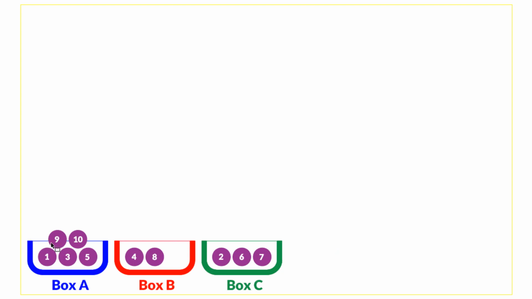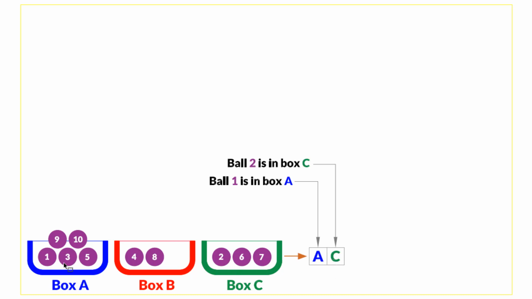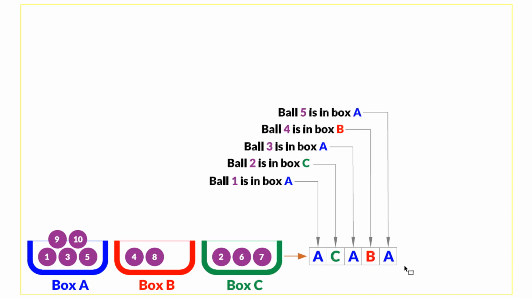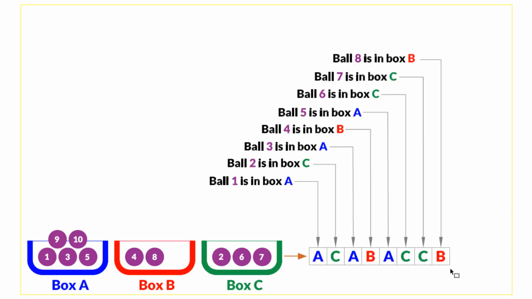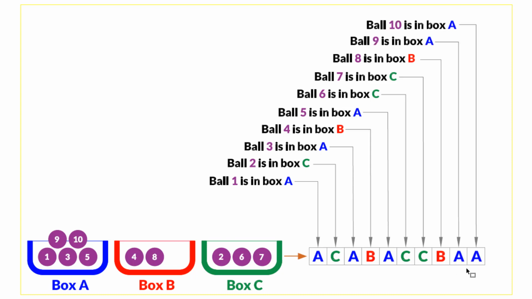We have ball 1 in box A, so the first letter is A, and we have ball 2 in box C, so the second letter is C, and we have ball 3 in box A, so the third letter is A, and we have ball 4 in box B, so the fourth letter is B, and we keep mapping until we finish all the balls in these boxes.